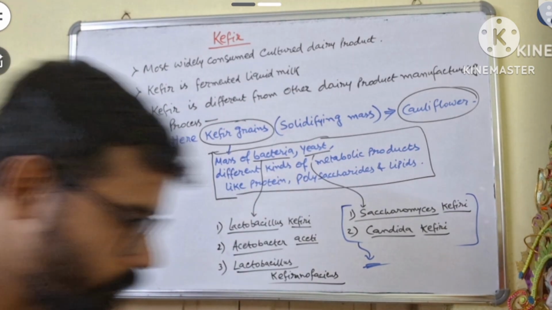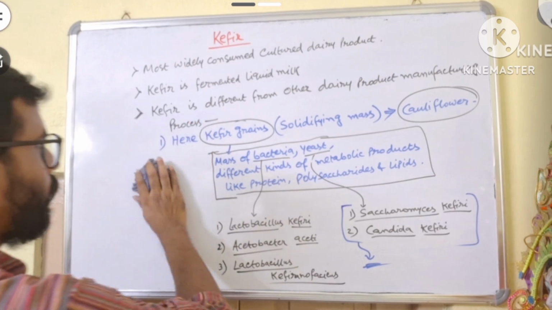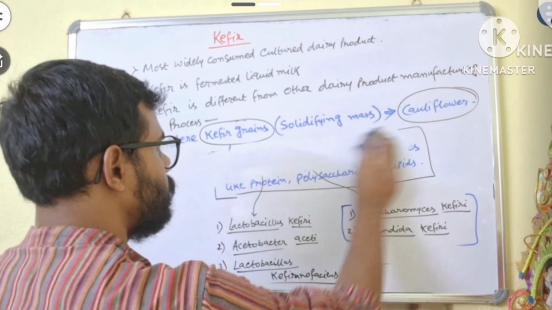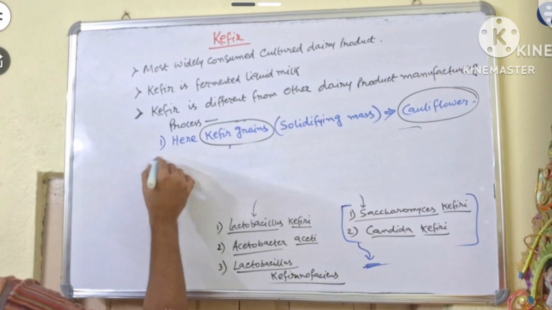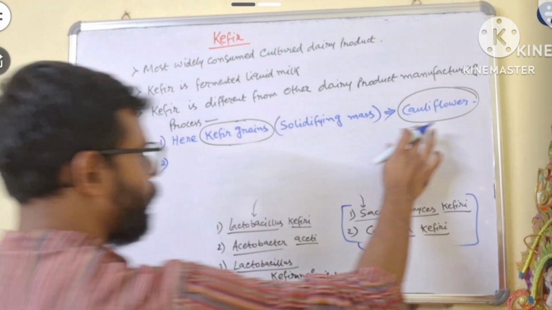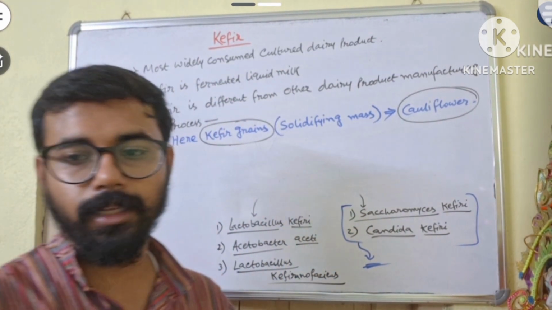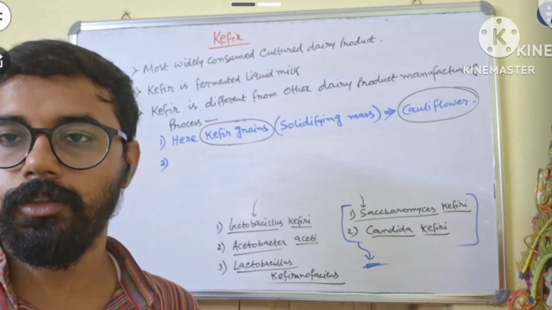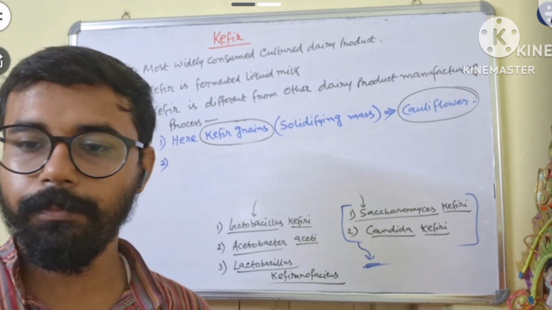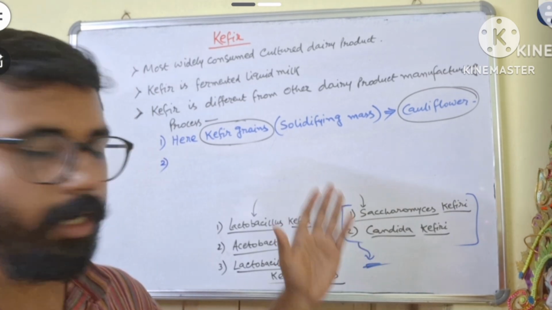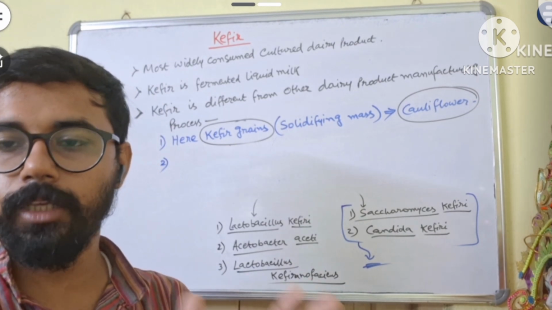So point number two, a unique point from other dairy products. Here yeast are present, so a small quantity of ethanol is also produced that makes the flavor more enhanced in the kefir, and the flavor is also different from other fermented products. Yes or no? Because other fermented products contain only products of lactic acid bacteria, but here there is a combination of lactic acid bacteria products as well as yeast products, making a unique flavor.